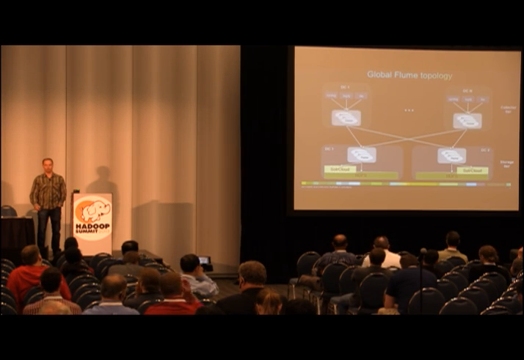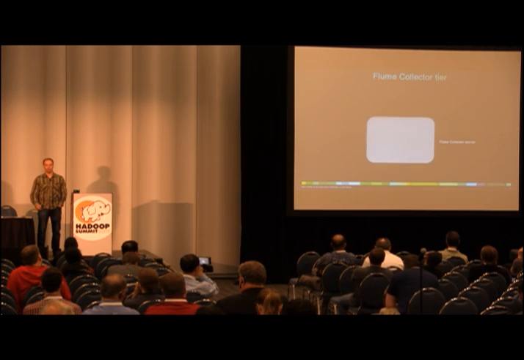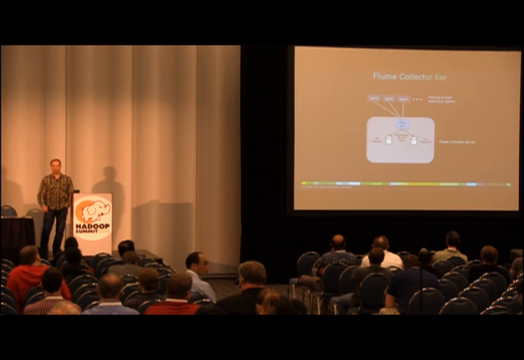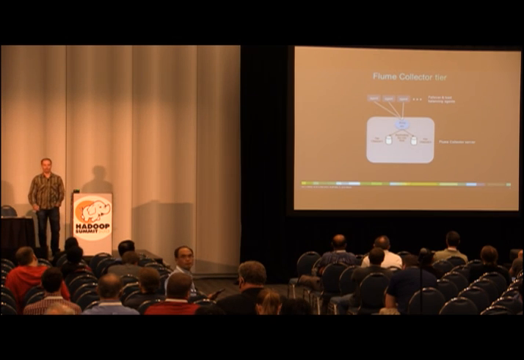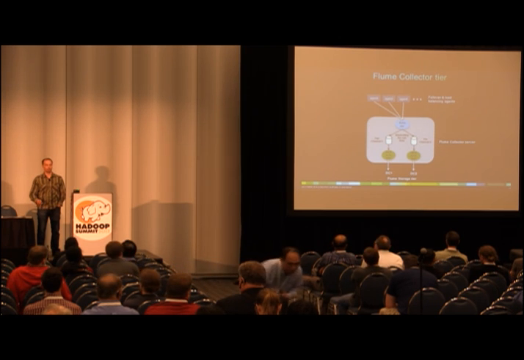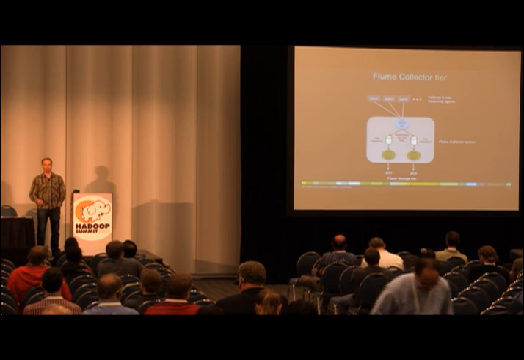Then drilling deeper into the collector tier, this represents a single server in the collector tier. It gets events from various sources through our source. And there's a fan out to 2 different channels that go to 2 different data centers. So if one data center goes down, the events are going to be buffered on disk on the collector tier.